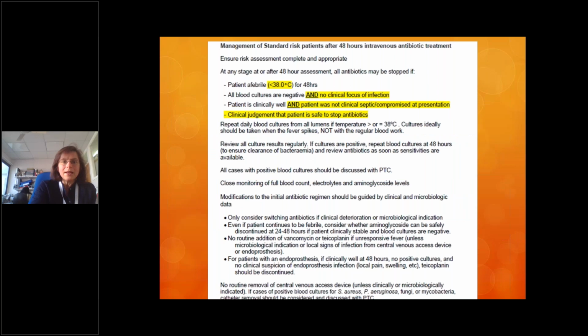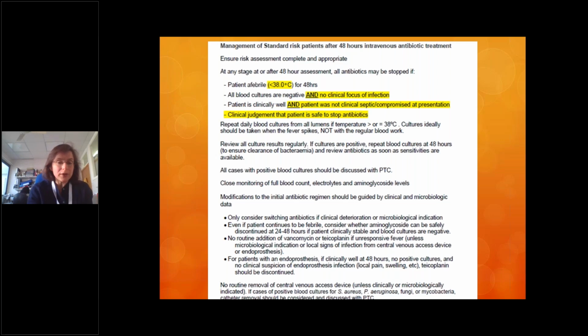Now, what's the management of those who are much more concerning to us, the standard risk patients? There is still quite a bit of heterogeneity within this group. These are the patients who, as I said, have hematological malignancies, aplastic anemia, leukemia in induction, or any patient who presents not well, needing a bolus, with respiratory distress, or any additional feature.